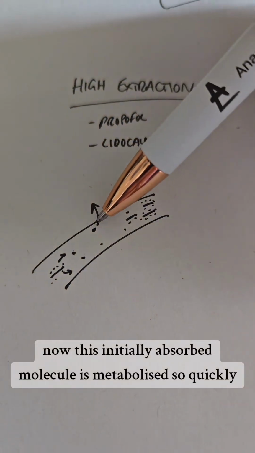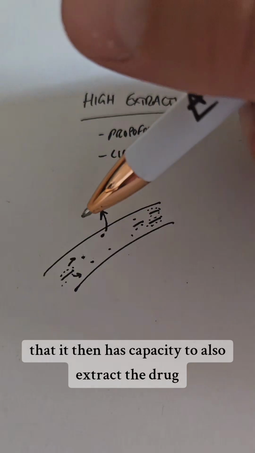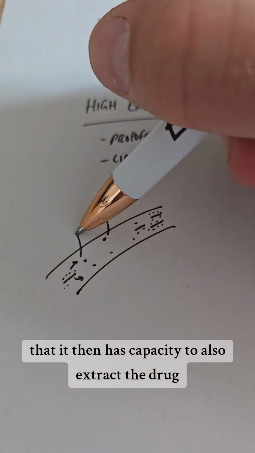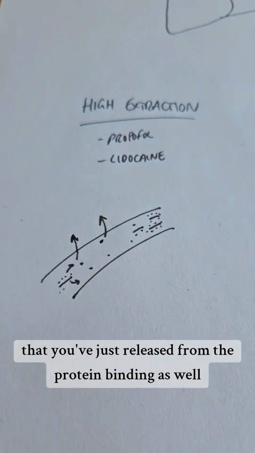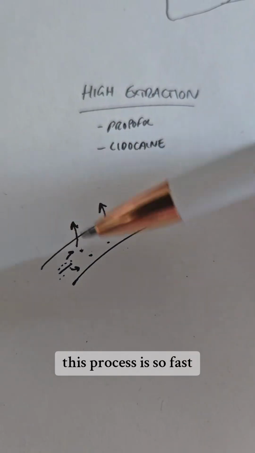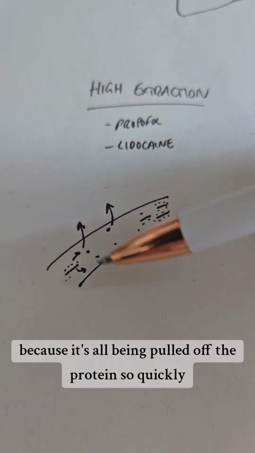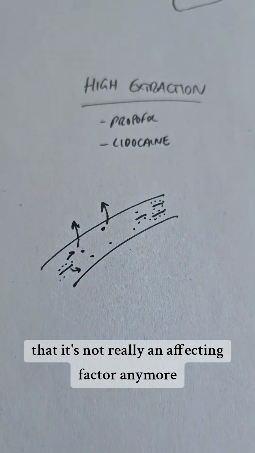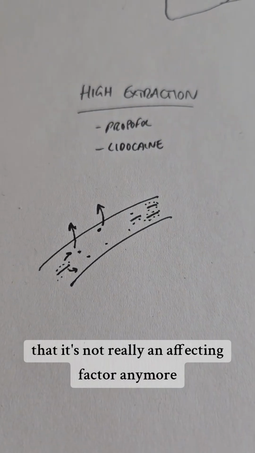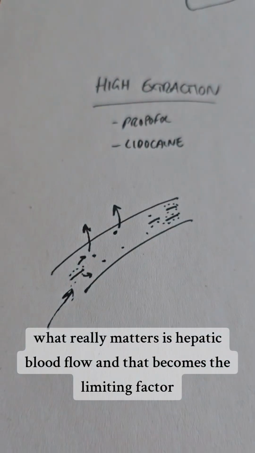Now, this initially absorbed molecule is metabolized so quickly that it then has capacity to also extract the drug that you've just released from the protein binding as well, and that gets metabolized too. This process is so fast that the degree of protein binding of the drug itself doesn't really matter, because it's all being pulled off the proteins so quickly that it's not really an affecting factor anymore. What really matters is hepatic blood flow, and that becomes the limiting factor.